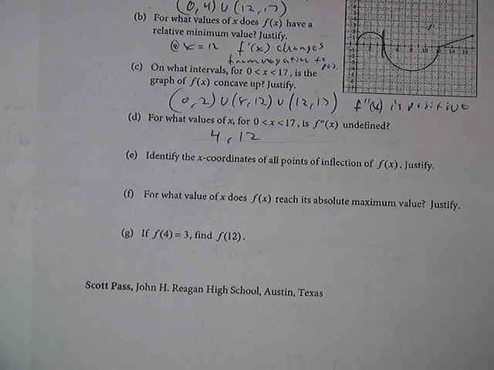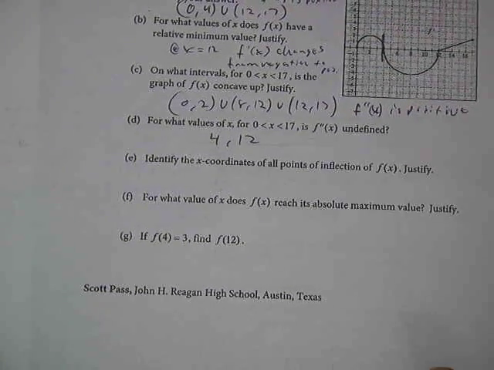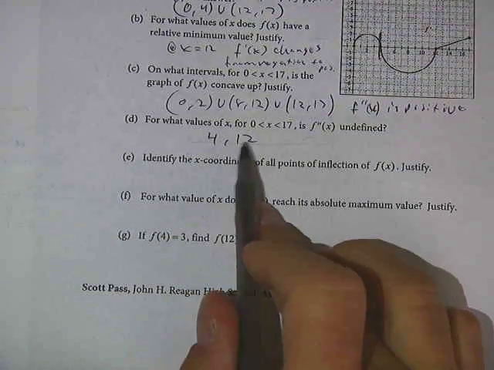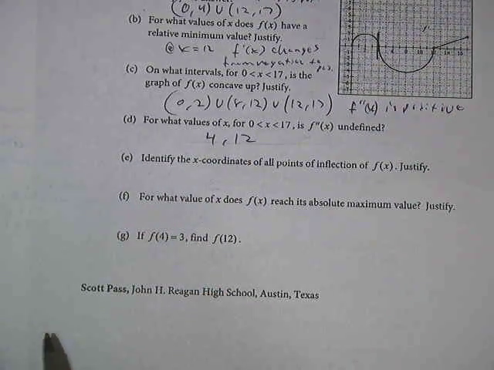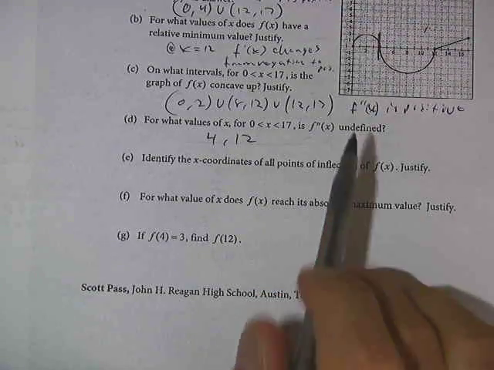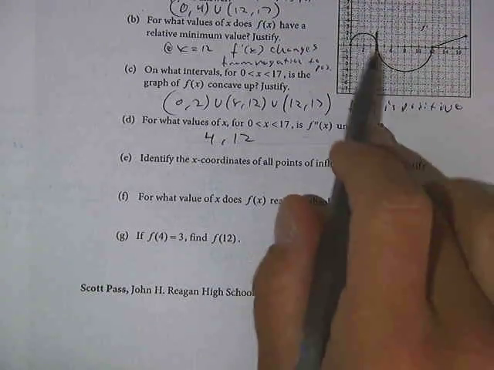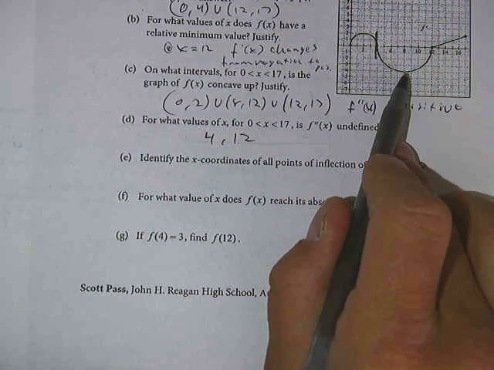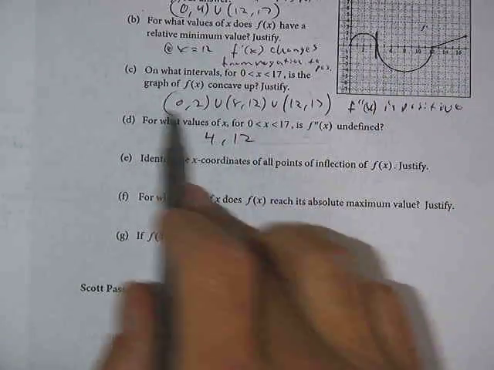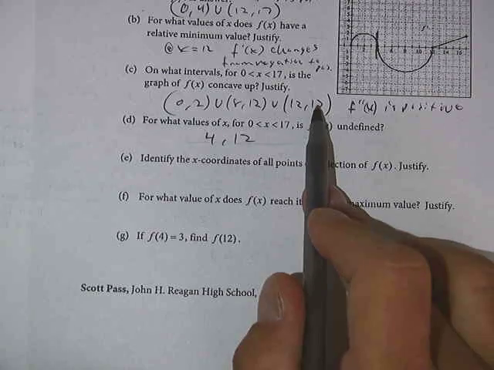And as we approach from this side, the slopes are getting bigger, approaching what? Approaching infinity. If I drew a tangent line here, it would be vertical, wouldn't it? So at that one spot, there's no derivative there because that's a vertical tangent. So, not a dumb question. And then again, this one's a corner because the derivative on the left and the derivative on the right are not the same.